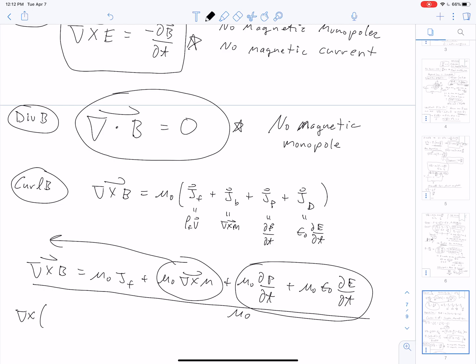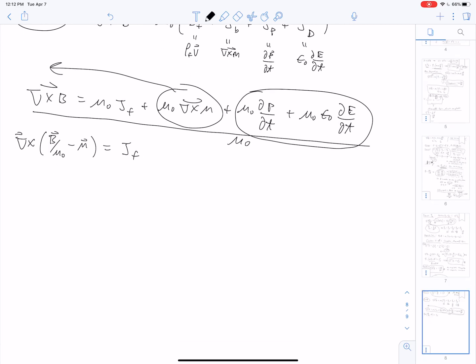All right, so then we're going to get del cross of B over mu naught minus M, from pulling that guy over, equals J free plus, and here I have d/dt of epsilon naught E plus P, from these guys.